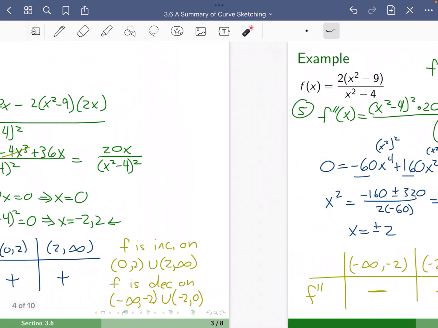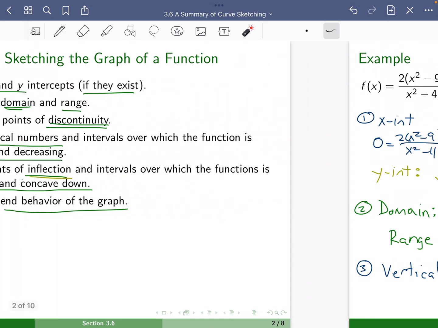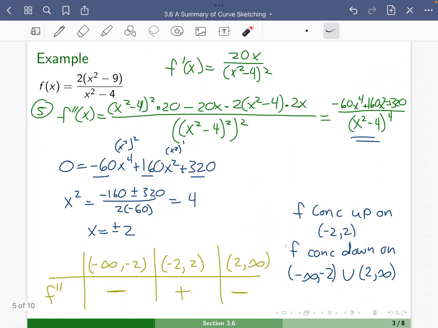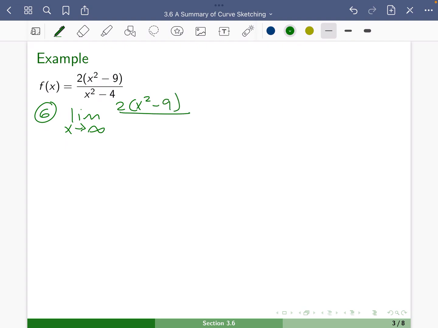All right, so then the next thing we want to do is identify the end behavior, and then we will be able to graph this thing. So let's add another page. For our end behavior, we're looking at the limit as x heads towards infinity of 2 times x squared minus 9 over x squared minus 4.